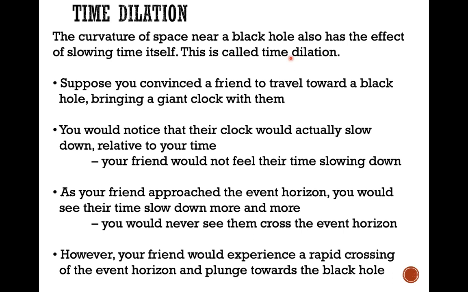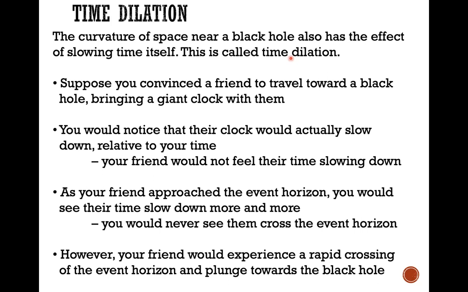You will see that when your friend approaches closer to the event horizon of the black hole, which is like the boundary, time slows down more and more for him, right? And the amount of slowness is such that you will never see him cross the event horizon.